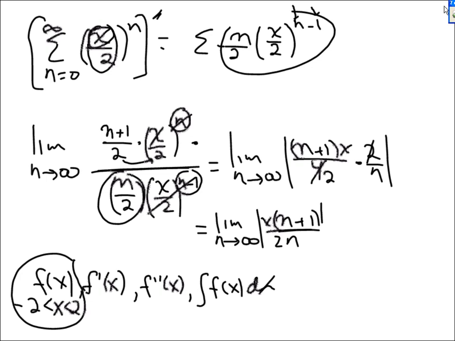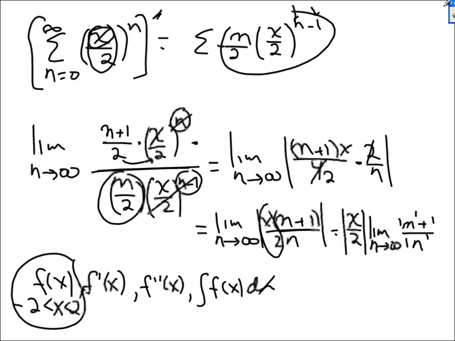Absolute value. You can factor out the constant, say x over 2, has nothing to do with n. Remember, it's in absolute values. Then you have the limit as n goes to infinity of n to the 1 plus 1 over n to the 1. Since the powers are the same, just divide the numbers in front. 1 over 1 is the absolute value of 1, which is 1.